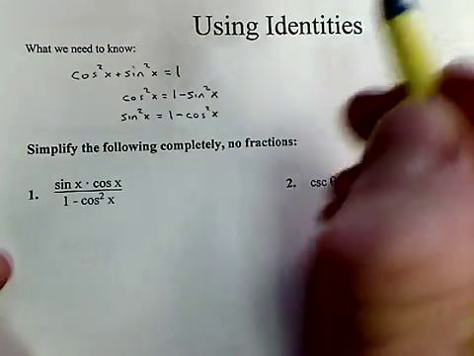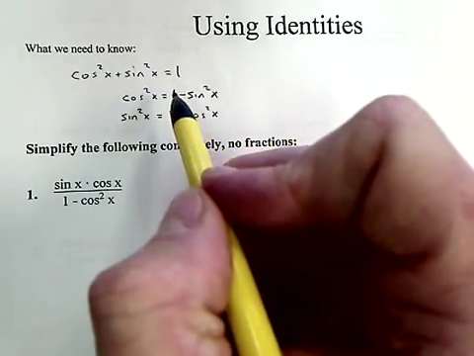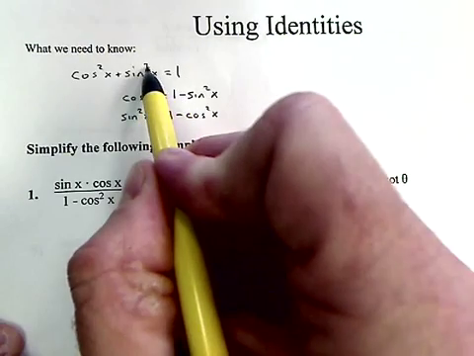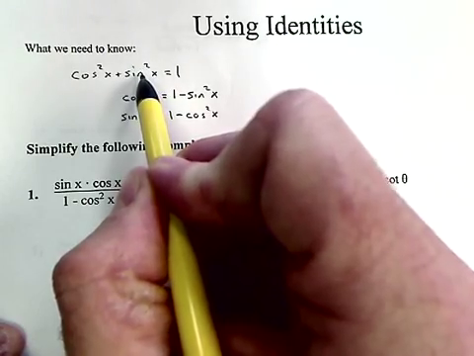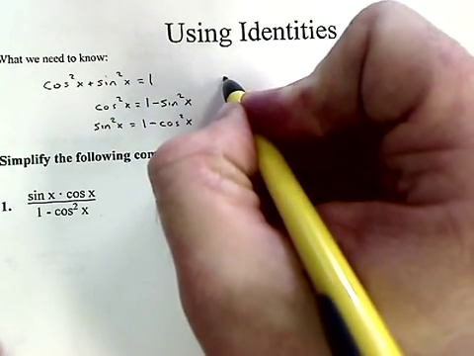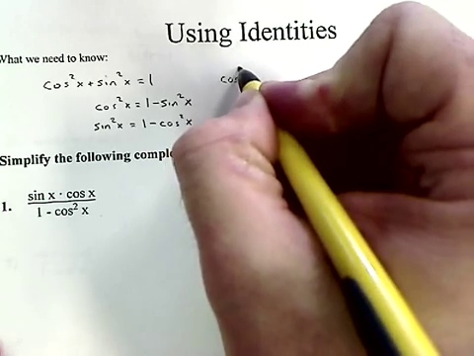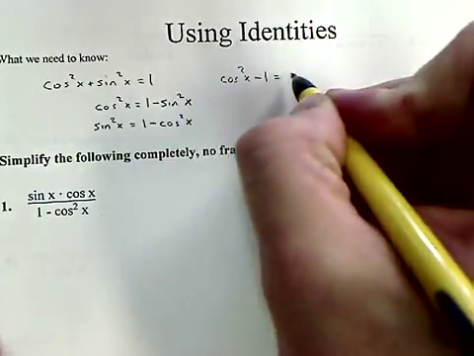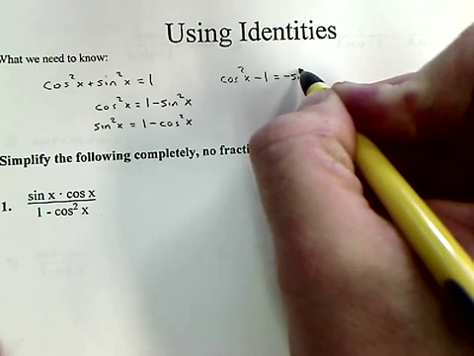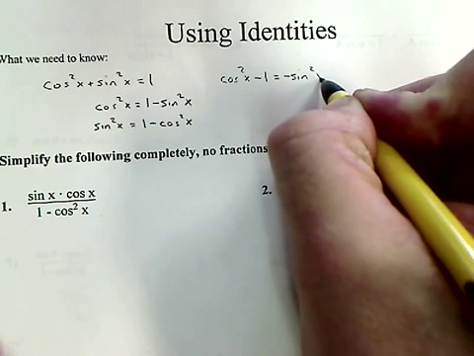The not so common forms would be if I were to take sine squared and move it over here and the 1 and bring it to this left side to generate this statement: cosine squared minus 1 is equal to negative sine squared. This substitution will take place, but not very often.